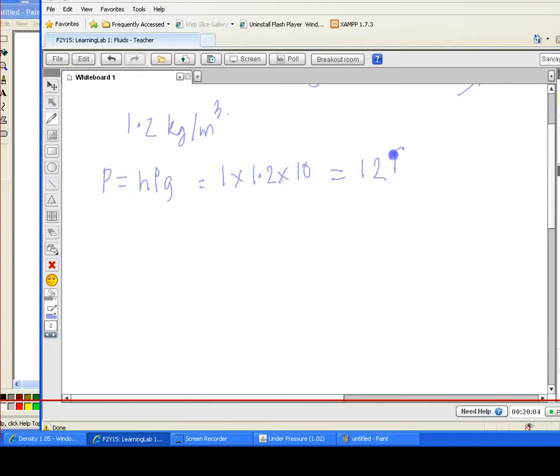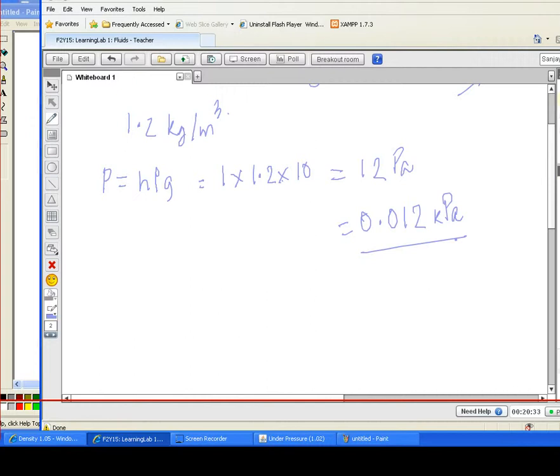That gives you 12 pascals, which is equal to 0.012 kilopascals. Isn't this what we just got? Okay, so it does make sense. This experimental value you're observing does make sense.